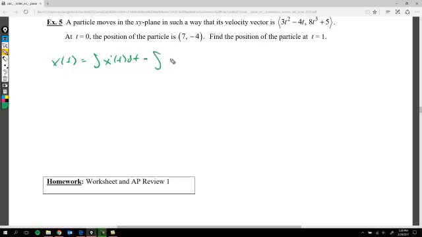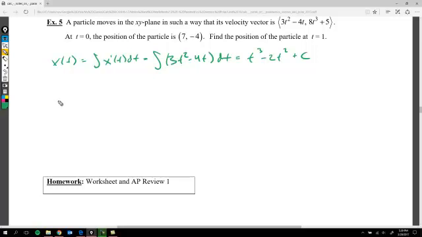I'm finding the integral of 3t squared minus 4t with respect to t, which in this case is going to be t cubed minus 2t squared, and gotta remember that plus c. Now I also have to do the same thing for y.